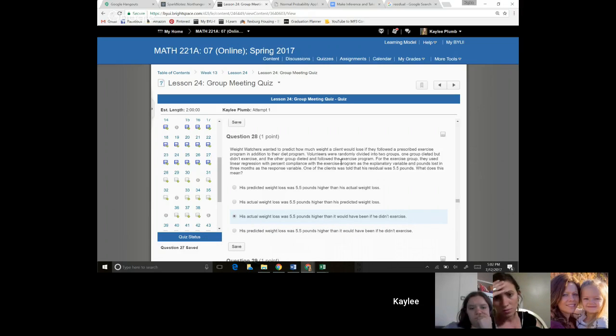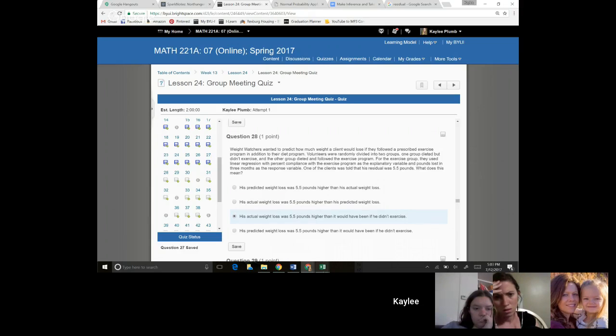What I don't understand, this is why I'm confused. So one variable is the group of people who didn't exercise, and the other variable is the group of people who did exercise. And the residual compares those two numbers. And there's nothing in there about his predicted weight loss.